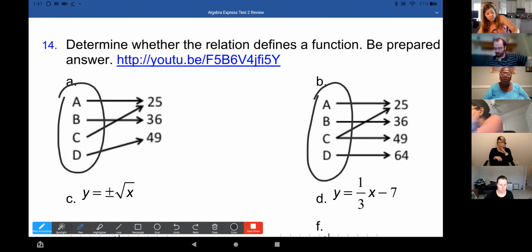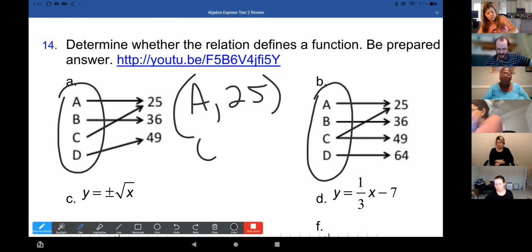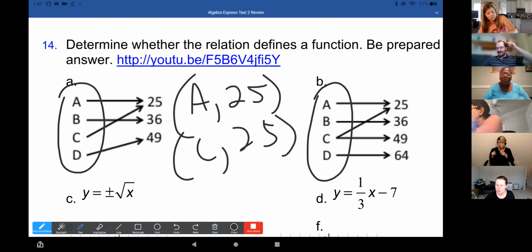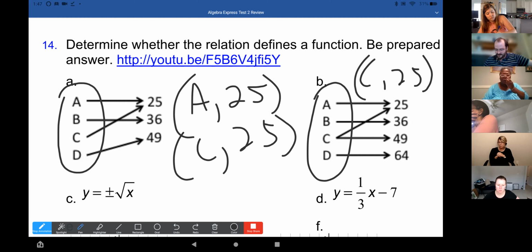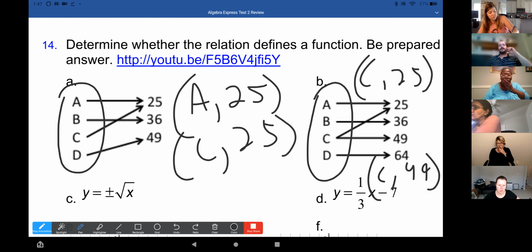Writing out ordered pairs might also help. Is two different inputs going to the same output going to break my function?